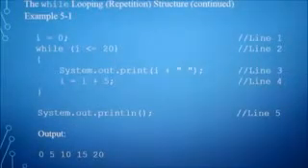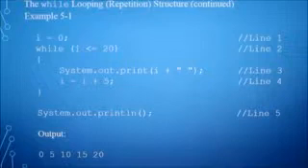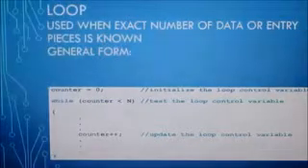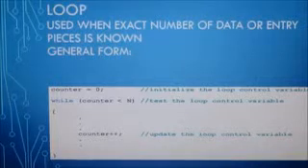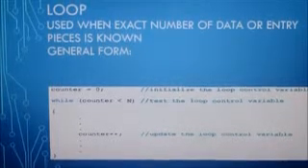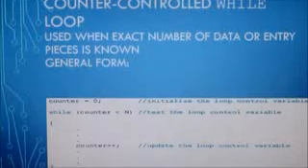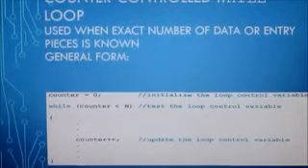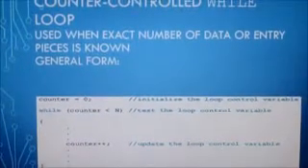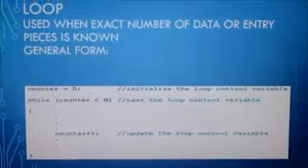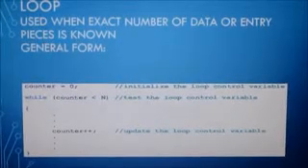The while looping repetition structure, this is the while looping repetition example. Counter-controlled while loop. Used when the exact number of data or entry pieces is known. General form: counter = 0; to initialize the loop control variable.